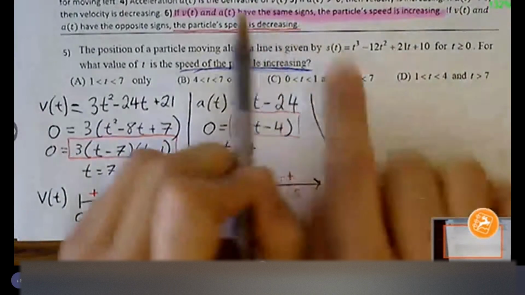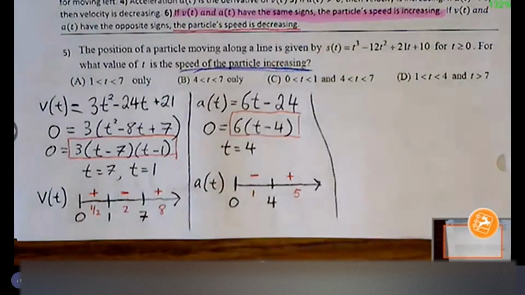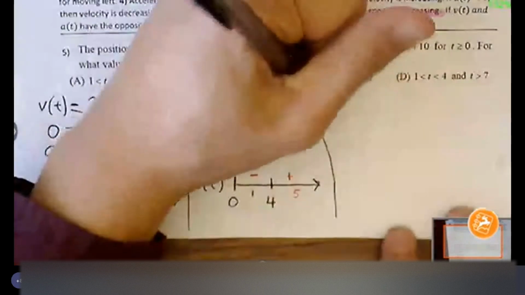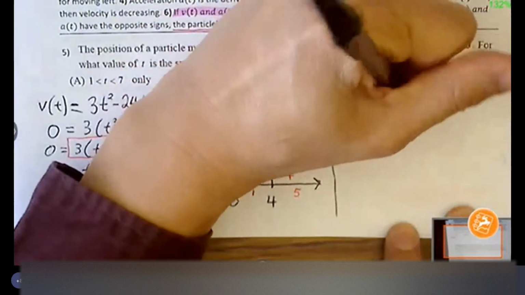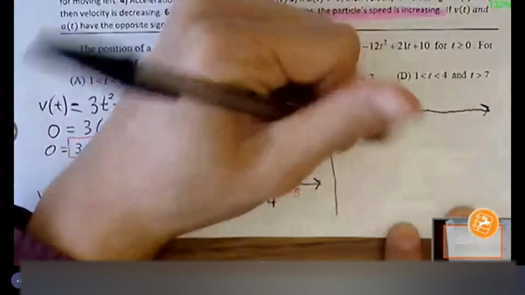Now we're looking for where velocity and acceleration have the same signs. I think to make it easier, I'm going to line them up so I can see exactly where they're going to have the same signs.